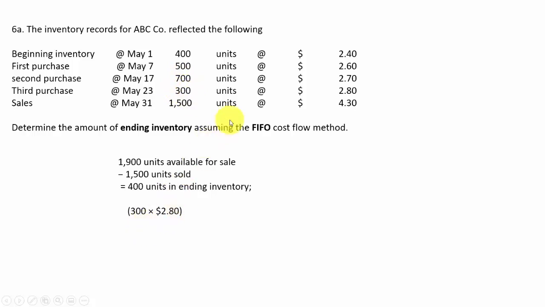So 300 of these at 280 would be added to 100 units of this batch at 270, and when you multiply all that out, it gives you a total ending inventory of $1,110. Again, that's if you sold 1,500 units under FIFO, then these are all gone except 100, and then these are still left in inventory. So you've got 100 of these, 300 of these.